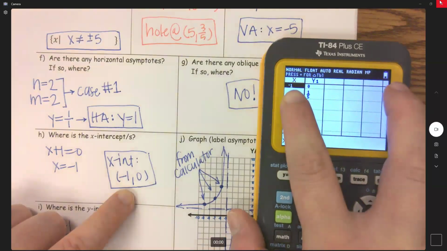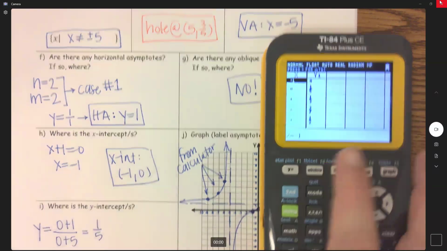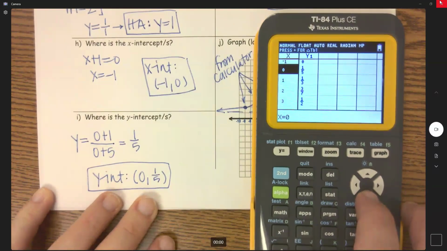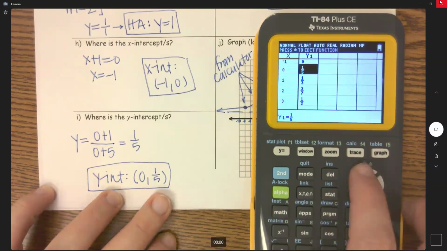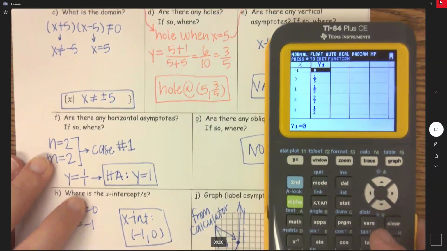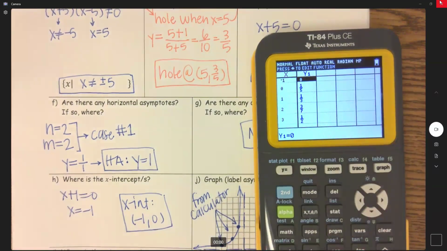At x equals -1, we have -1, 0, so that's my x-intercept. And I can see right here below it, my y-intercept is at 0, 1/5. So you can even see your x and your y-intercepts as well. So you can see a lot of these things looking at that table, so use that table to your advantage.